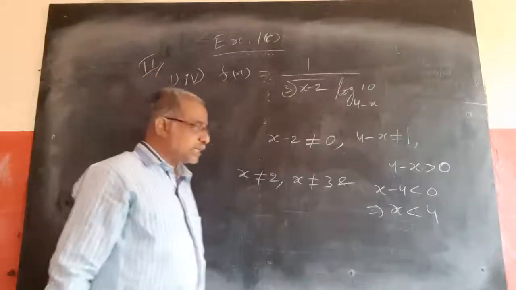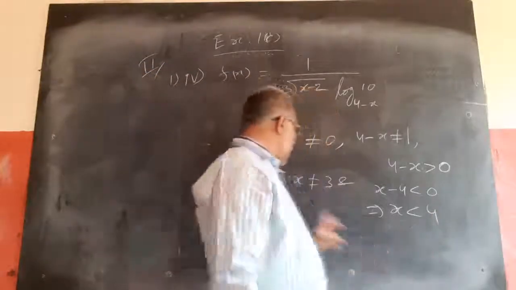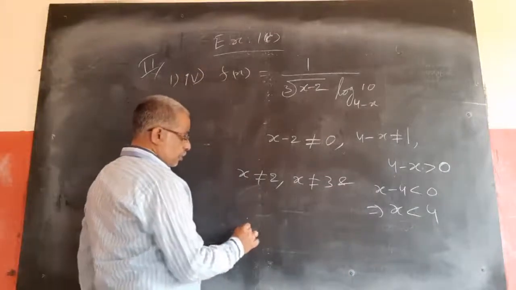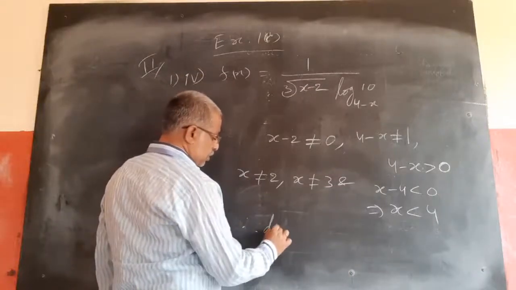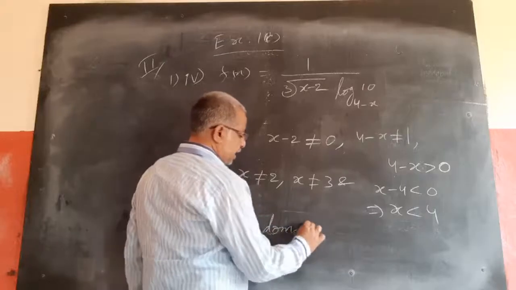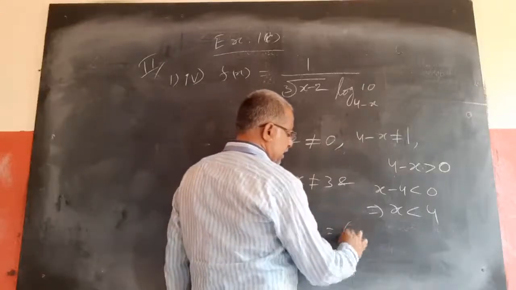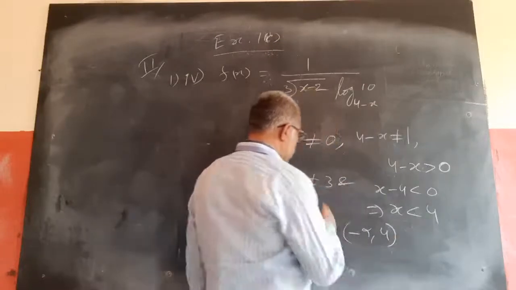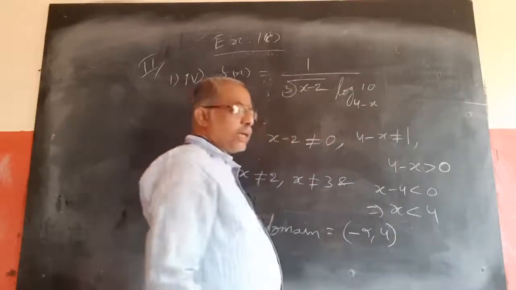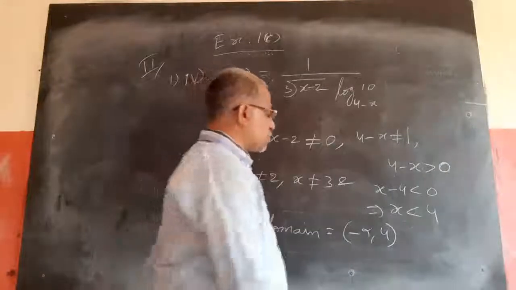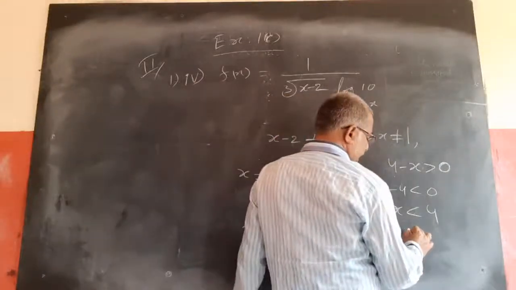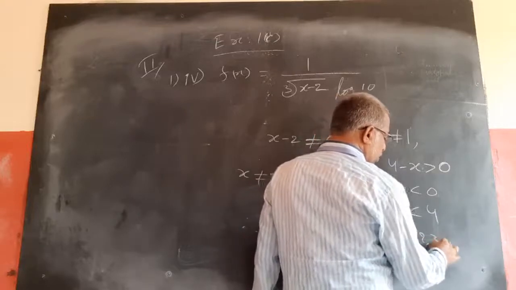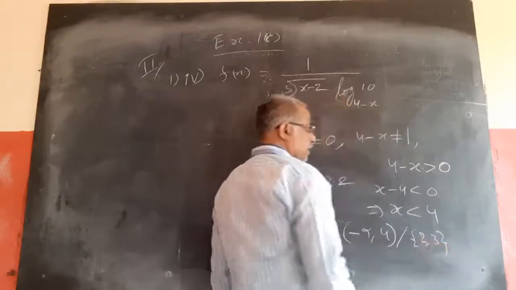So the domain is less than 4 but not 2 and 3. Therefore, domain equals minus infinity to 4 but excluding 2 and 3. Two numbers are to be excluded. So I can write (minus infinity, 4) minus {2, 3}.